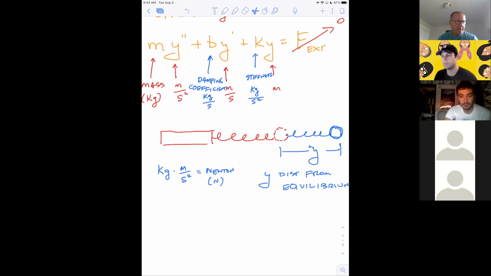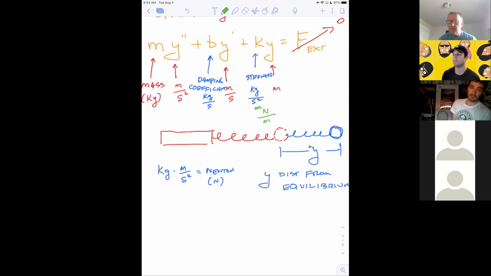Incidentally, this is just kind of interesting to notice. I don't think I'll say this actually. Yeah, I am going to say it. That same unit could be described as newtons per meter. You could rename kilograms per second squared as newtons per meter.